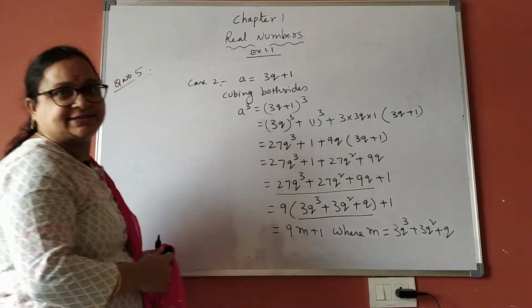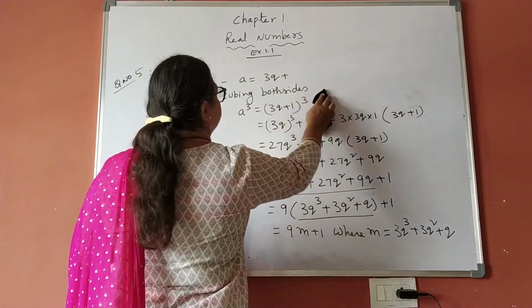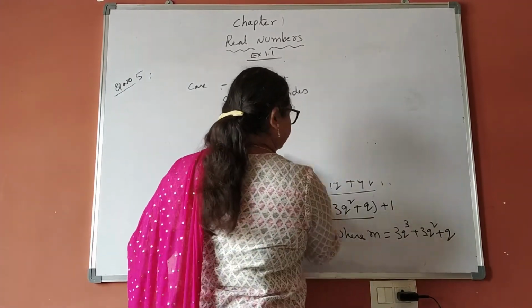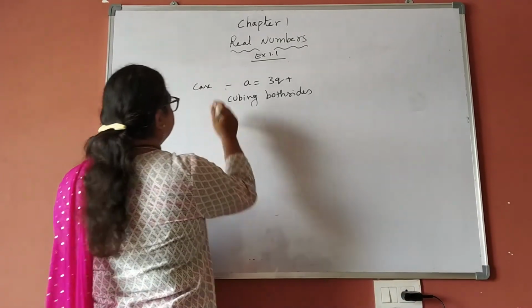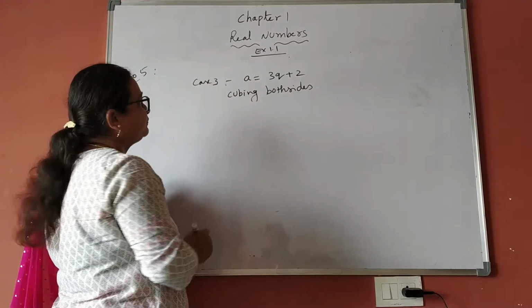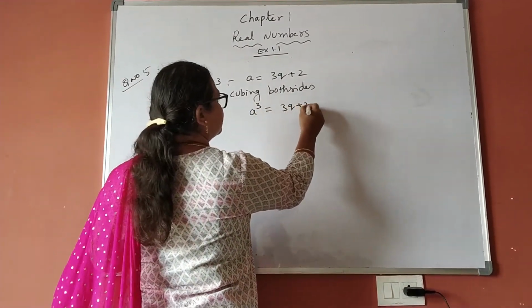Now case 3, children. In case 3, a is equal to 3q plus 2. So cubing both sides, a cube is equal to 3q plus 2 whole cube.